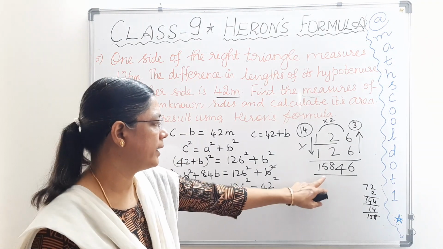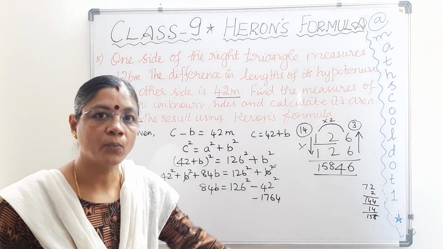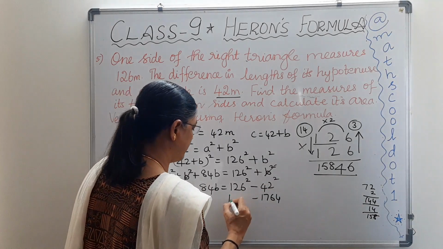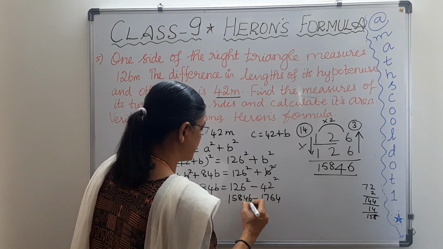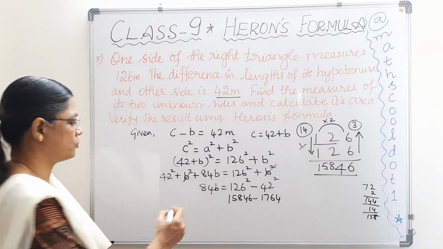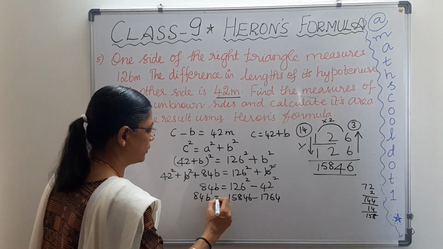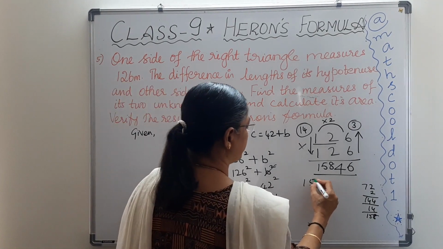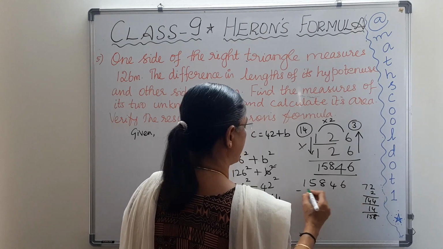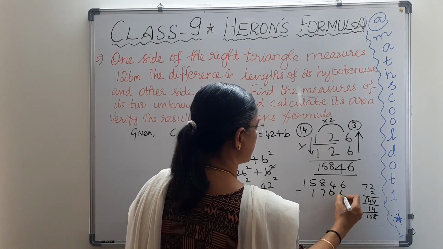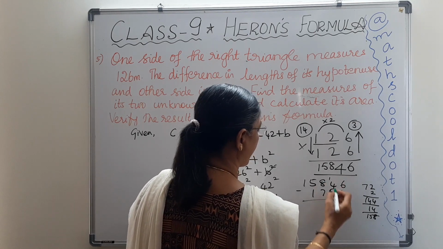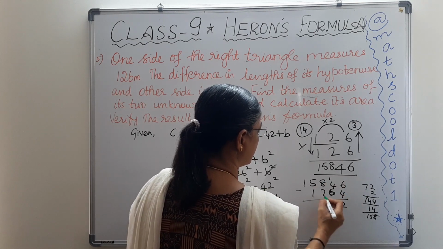So this is how we get the product of square numbers. 15846. 15,846 is the square of 126. So 84B is equal to 15846 minus 1764. Now subtract. So this is 2, and I have 8 here.